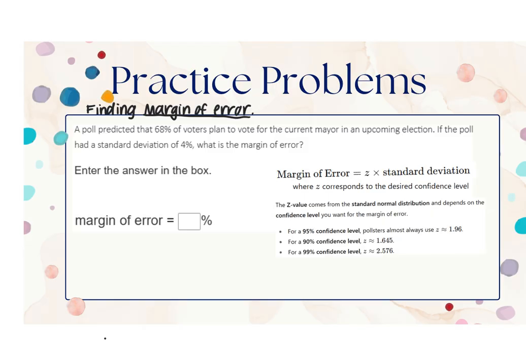So the problem states a poll predicted that 68% of voters plan to vote for the current mayor of the upcoming election. If the poll had a standard deviation of 4%, what is the margin of error?